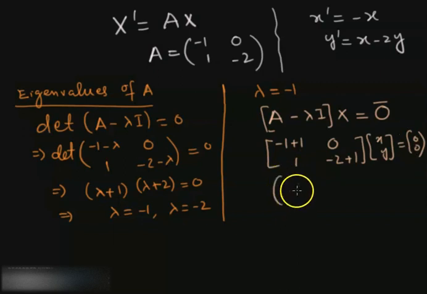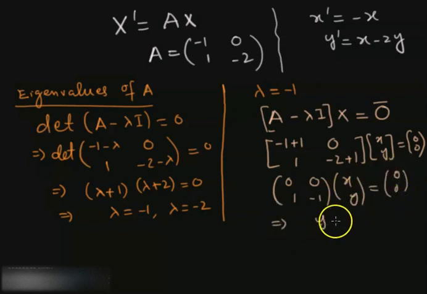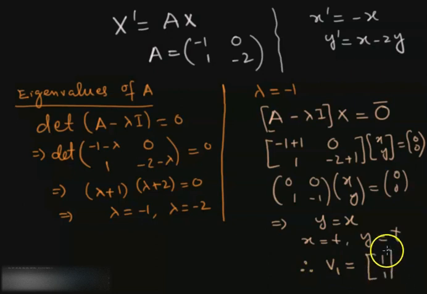So we get [[0, 0], [1, -1]] times (x, y) equal to (0, 0). This gives y equal to x, which means that if x is t, then y is also t. That means v1, the eigenvector, is (1, 1). This is my eigenvector for lambda 1 equal to -1.